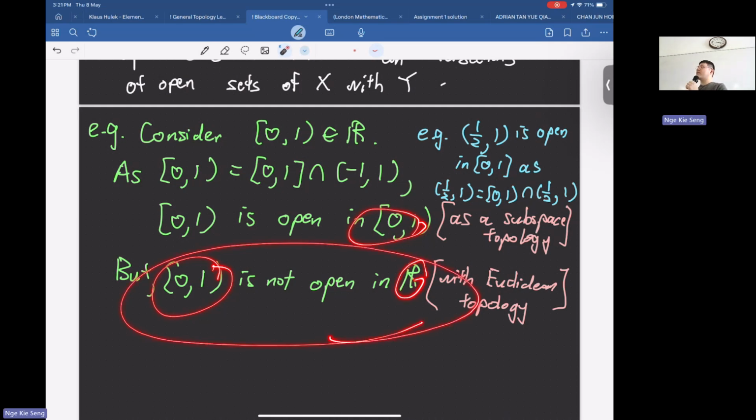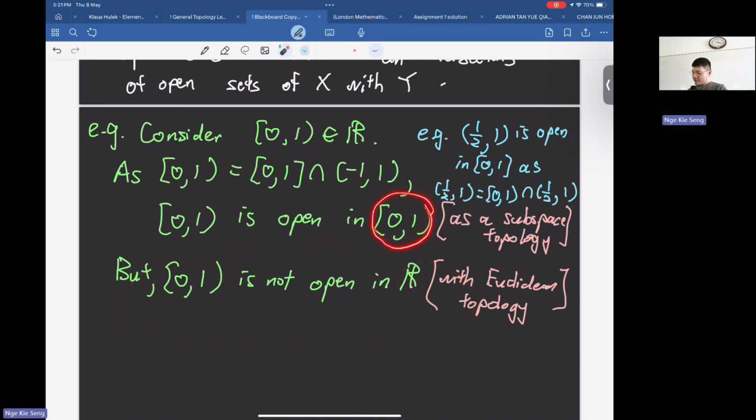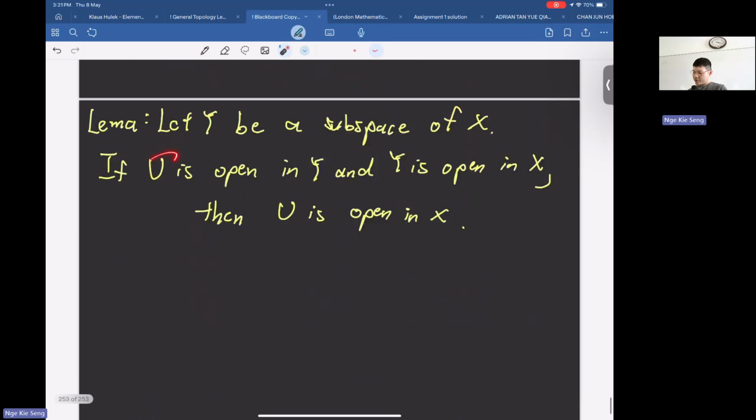Then the whole thing is not open in R. Okay, but if you know that U is open in Y, and at the same time Y is open in X, then U is open in X. Now you see, the first two conditions don't talk about U open in X. You only know U in Y, and then you know Y in X. Then you will know about how U sits in X. Got a picture inside your mind?